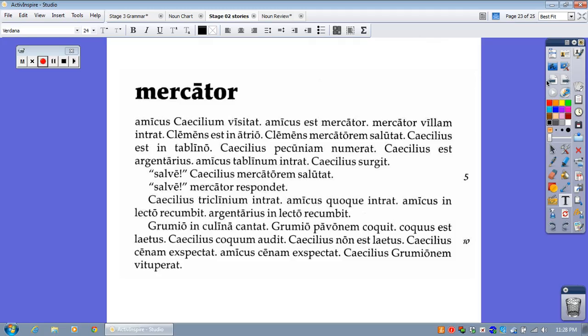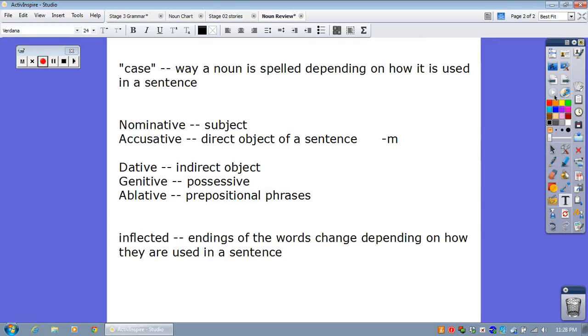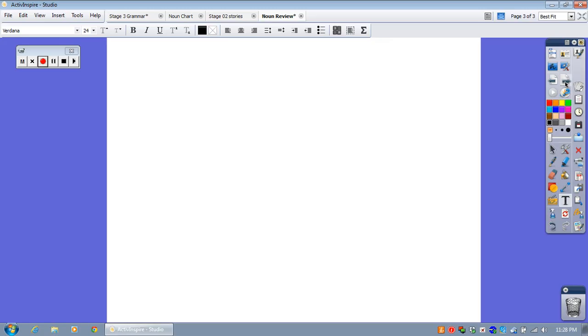Okay, so let's think about what are some nouns that you remember from last year in Latin 1. And obviously think about the sentences that we just translated. So we can say words like Metella. And who else do we see? We saw Grumio.